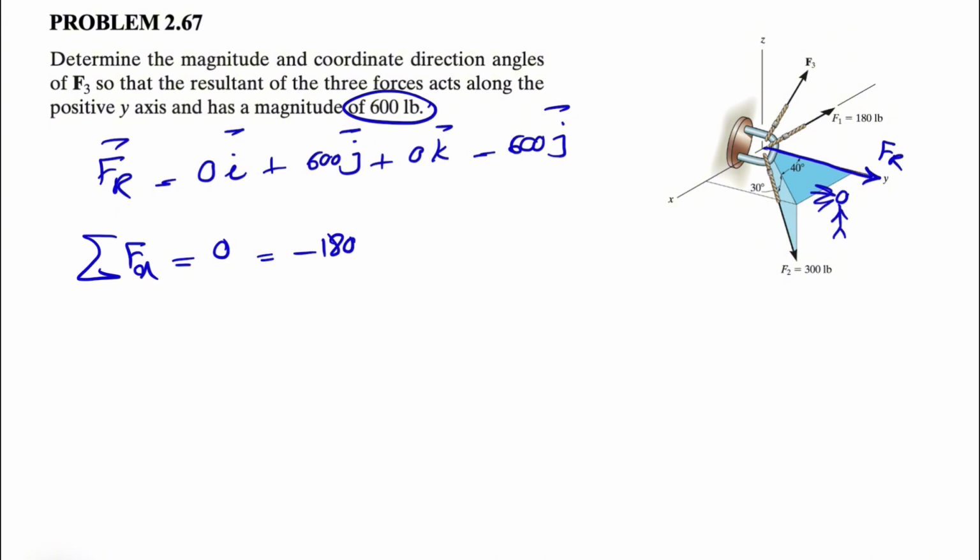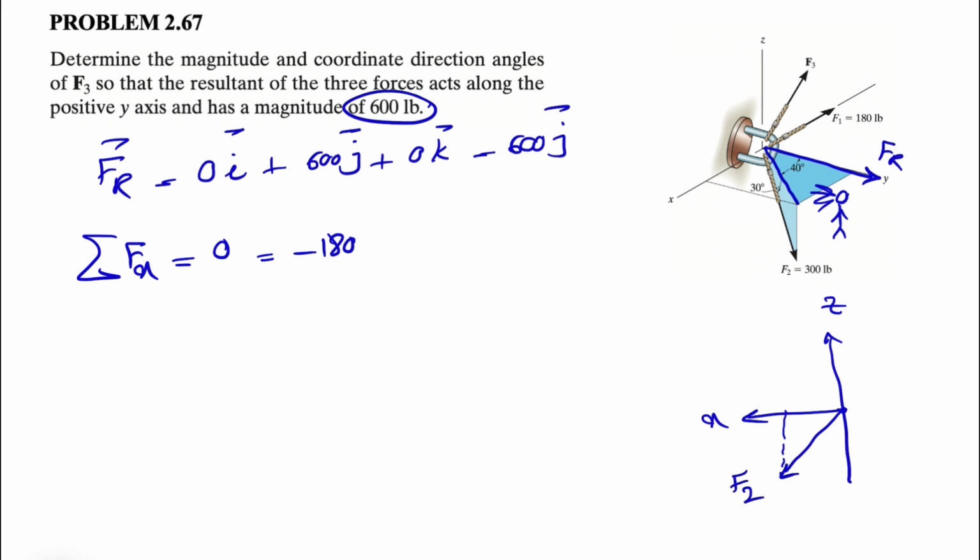If we look from the point of view of this guy, we're going to see the origin here. We have our x-axis, and this will be our z-axis. The force F2 that we have is this force in here. From the question, we know that the projection of F2 on the xy plane is this line in here.